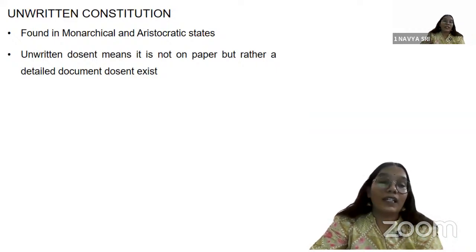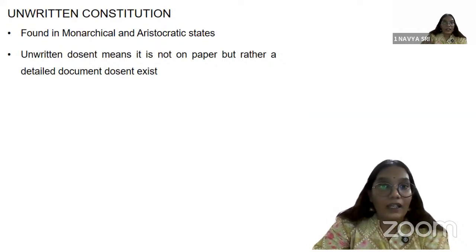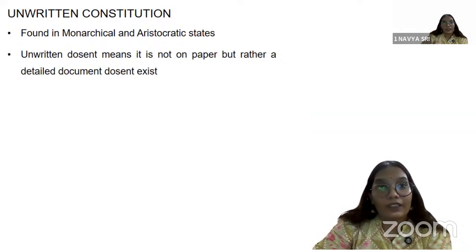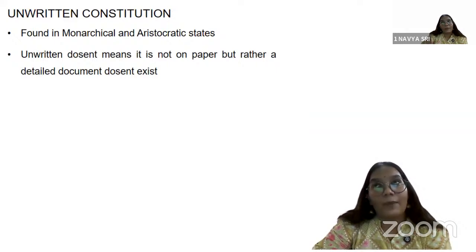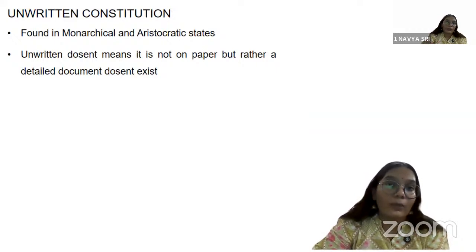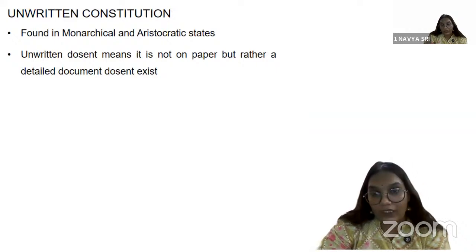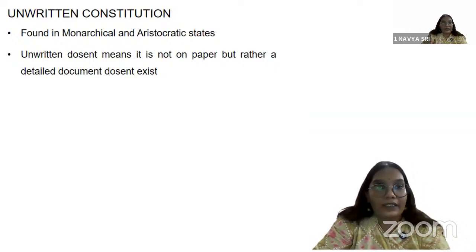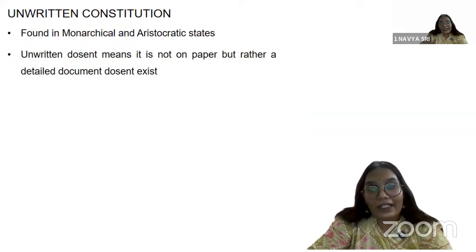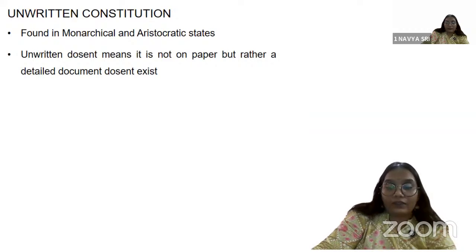A detailed document like ours, like India has a procedure laid down for everything. Suppose the amendments: what amendments could be considered simple with a majority present and voting, and the other with a majority present and voting plus ratification by one third of the states. That procedure doesn't exist in Britain. So it's rather not detailed, but the document definitely exists.